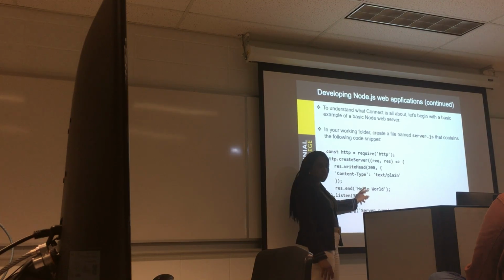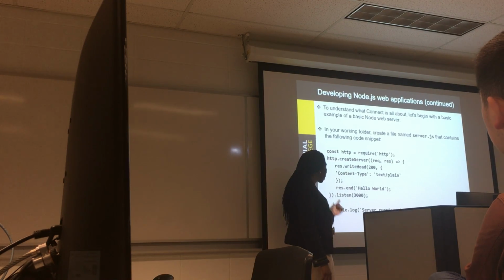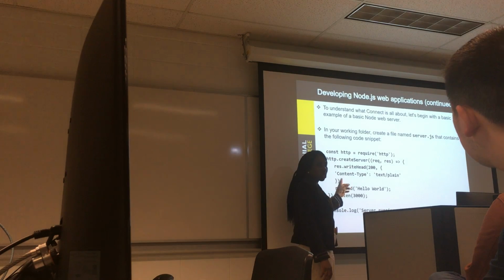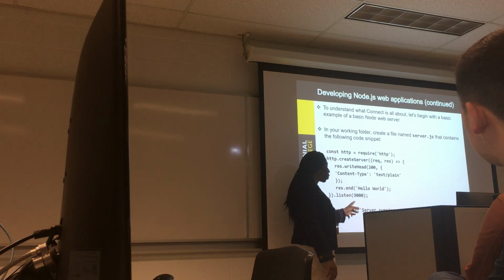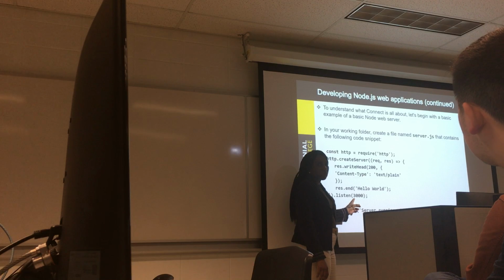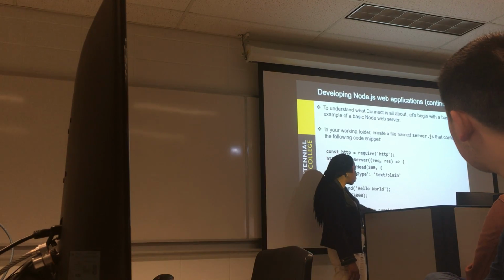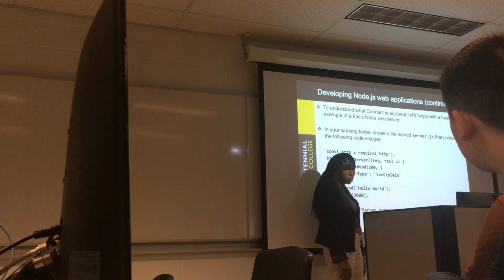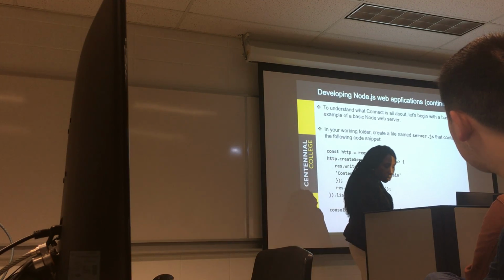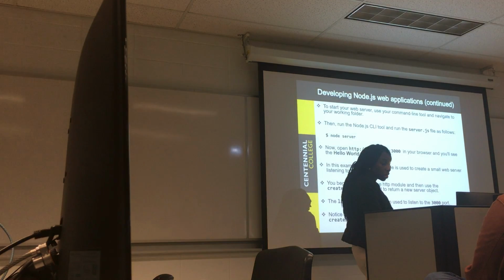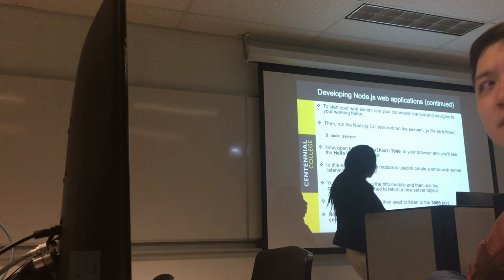It should respond with hello world, and it's listening on port 3000, right? On port 3000. So console.log server is running at HTTP localhost. So you should log that to the console, or you can tell it to display that. So this is an explanation.